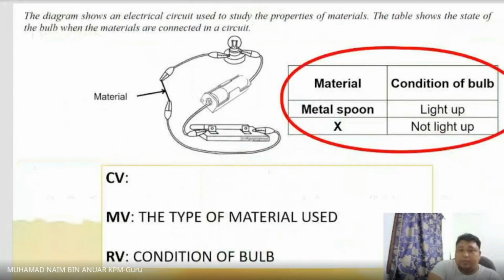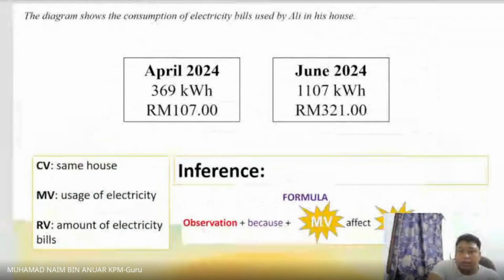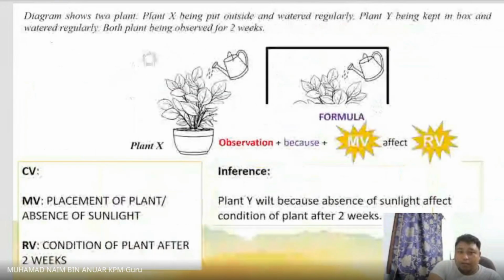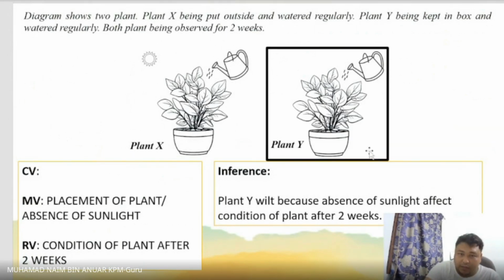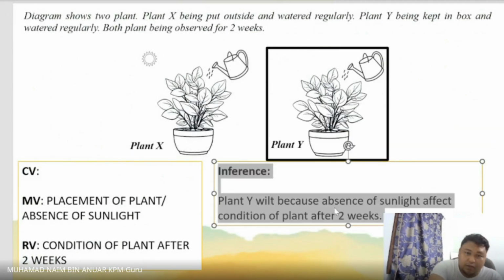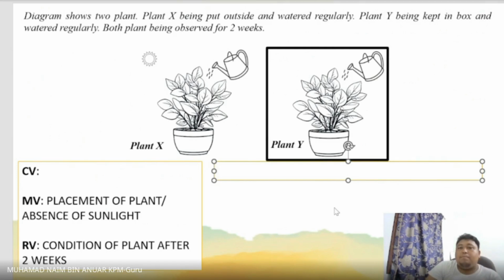What about this? I think this one. Try to make a conclusion about this. What's the concept here? What's the hypothesis here? You can choose hypothesis, you can choose concept.